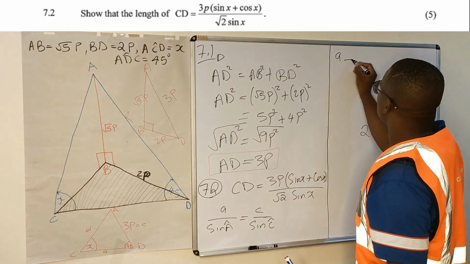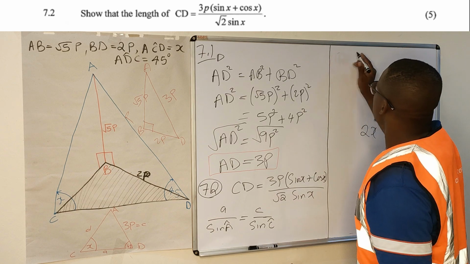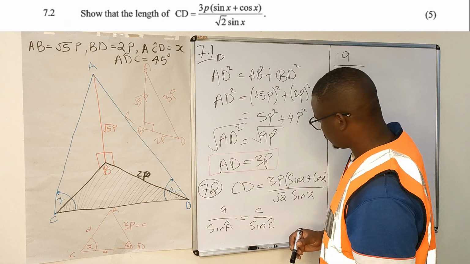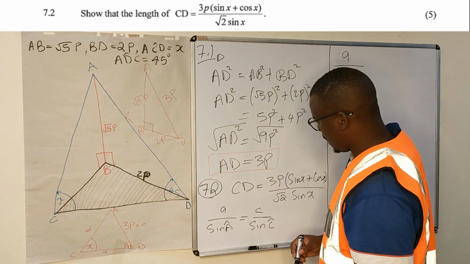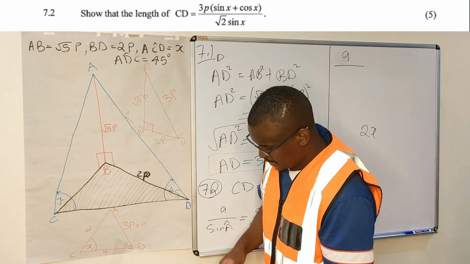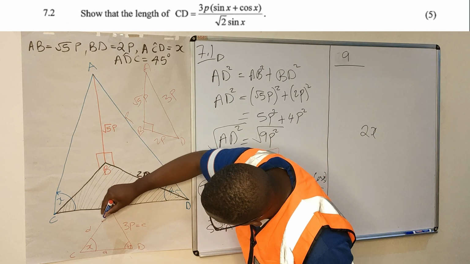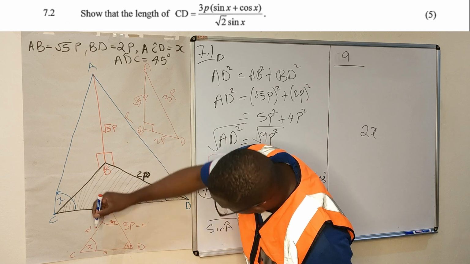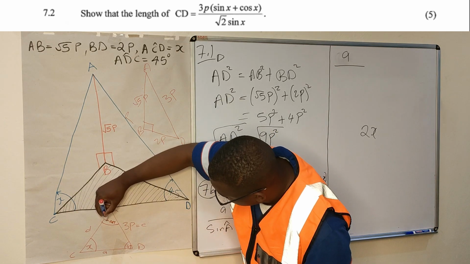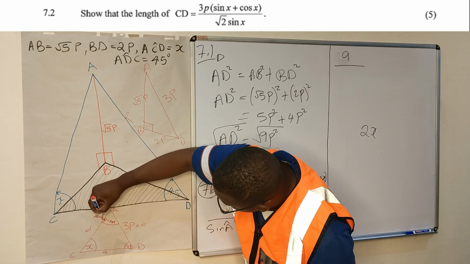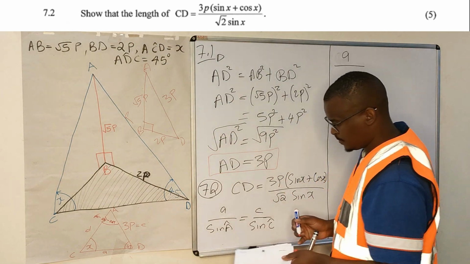Your A is A over sine A. What is your sine A? Sine A, this is an angle here. So this angle here is 180 minus 45 minus x. So it's 180 minus that.